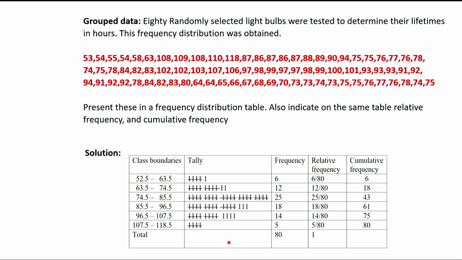These are the tallies and the frequencies for each of them. Then the relative frequency, as I've said before, is each frequency over the overall total. For the cumulative, you start with the first one, 6, plus the next 12, then 18 plus the next 25, and so on until you get to the last one.